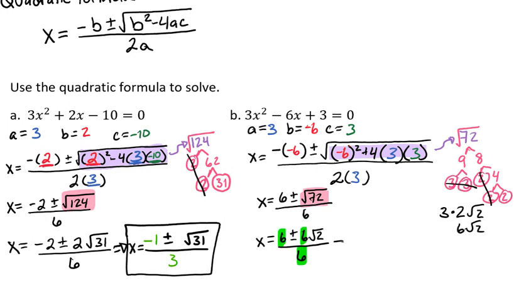So we can reduce this to x equals 1 plus or minus the square root of 2 over 1, and we don't write over 1. And so this would be my solution. And again, I could plug that into my calculator and get decimal equivalents if I needed to check it, or if I was trying to graph something.